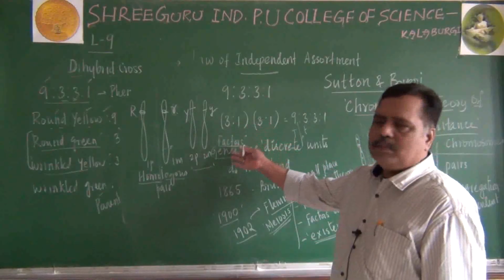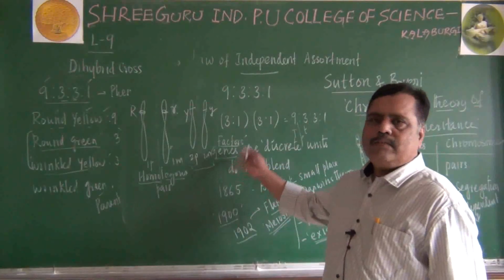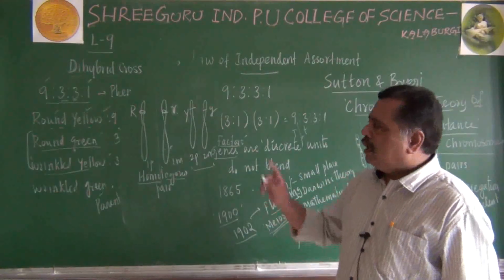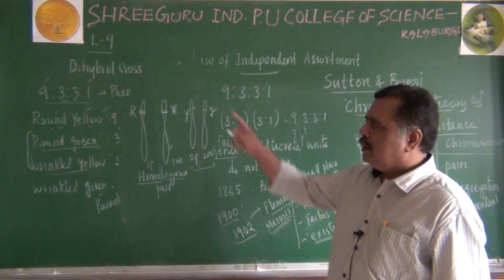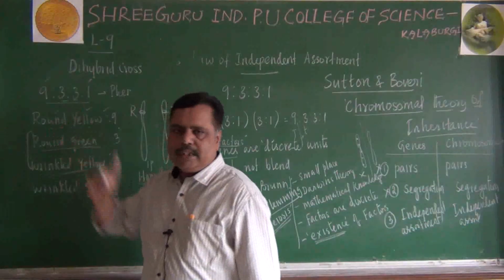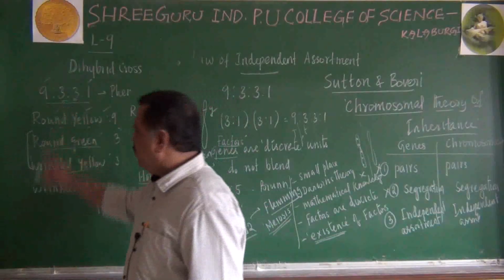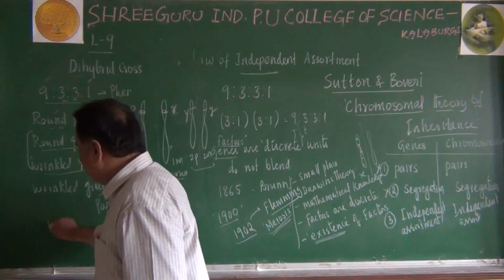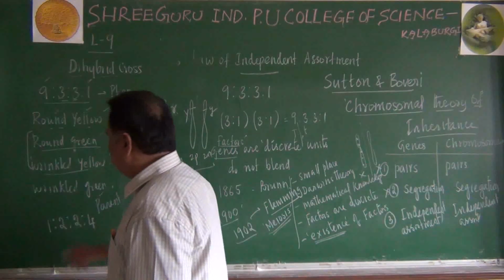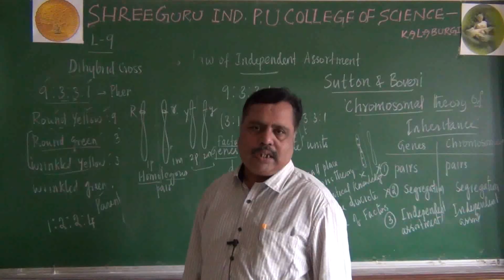Still we have to give some proof for this. I will explain meiosis with reference to gene behavior in later classes. And lastly, one point: in a dihybrid cross, the phenotypic ratio is 9:3:3:1, whereas the genotypic ratio is, this 9 can be written as 1:2:2:4. How 1:2:2:4 came, we saw in the previous class.